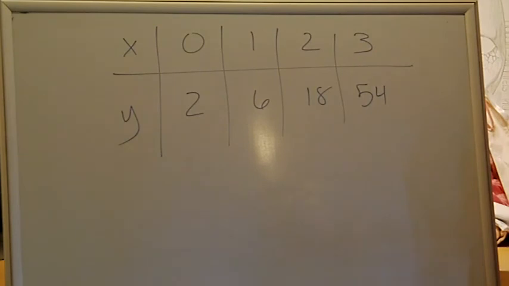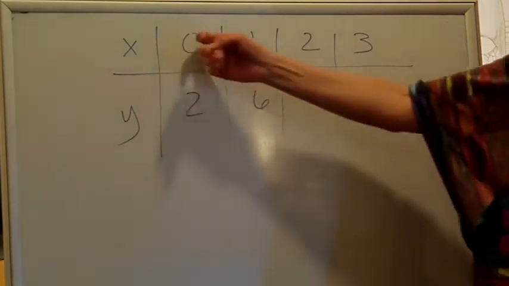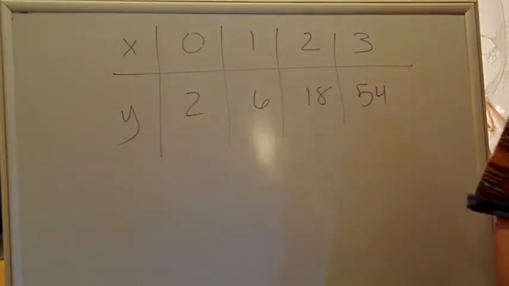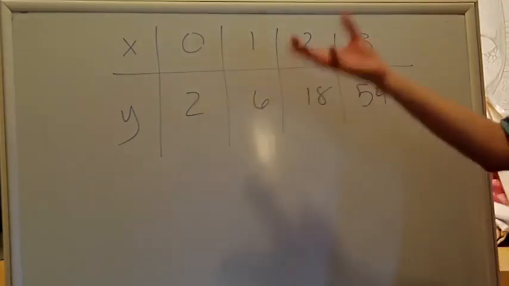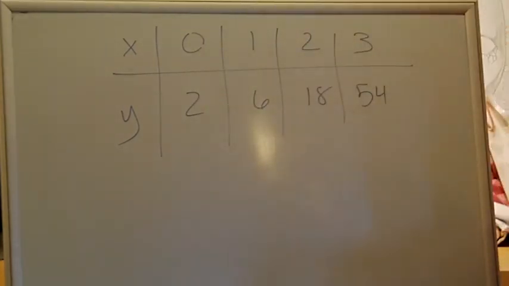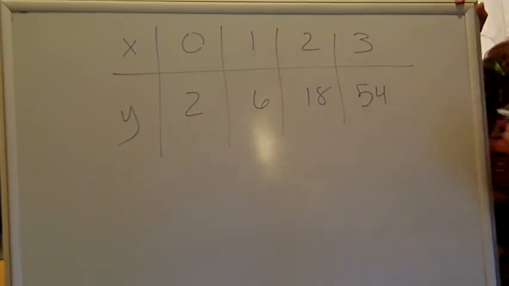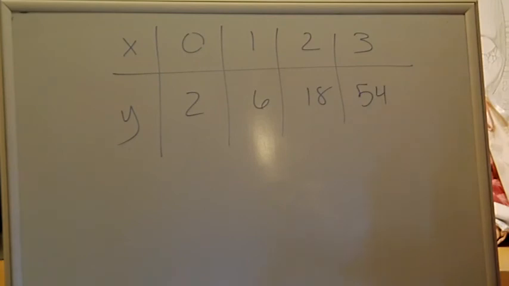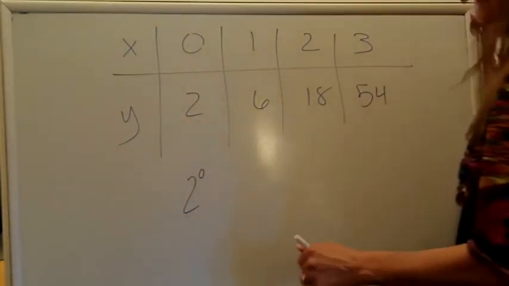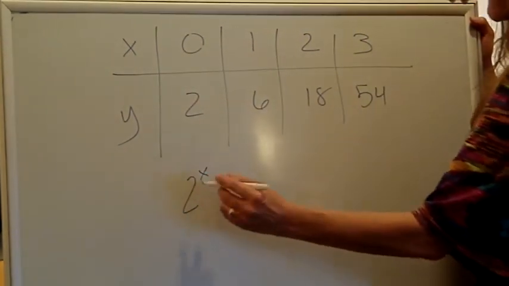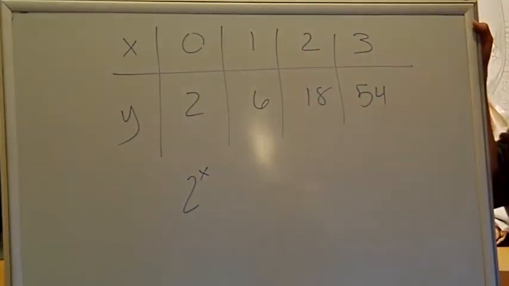But you can also check y-intercepts. Notice your first two choices are linear. Your y-intercept is 2 and 3. Well, this looks like it has a y-intercept of 2, but if you continue the pattern, it's not going to fit the y values. So just by looking at these numbers, you can tell it's not linear. So the first two choices are out. Next, I would just try the formulas. 2 to the x power. 2 to the 0 is 1.